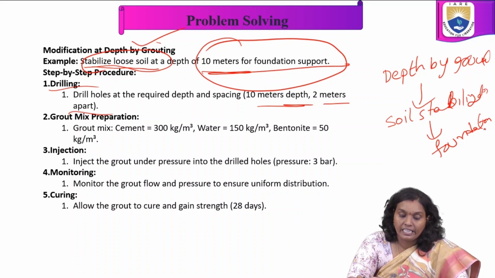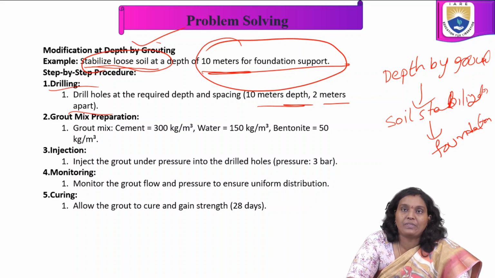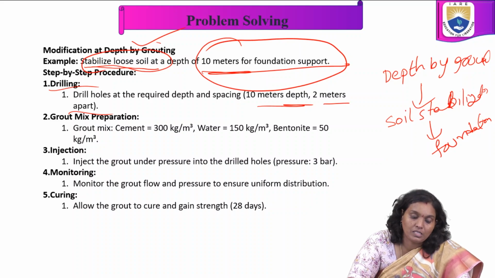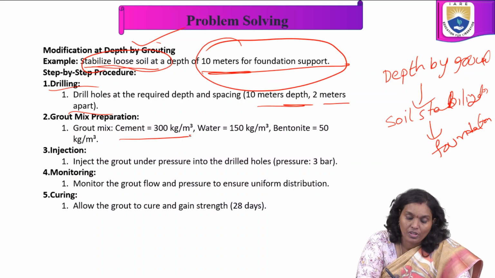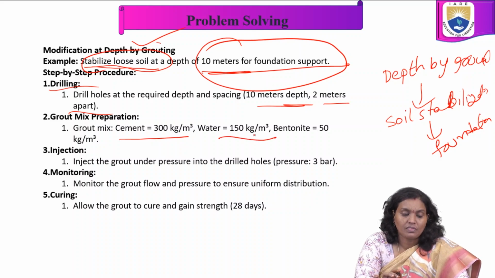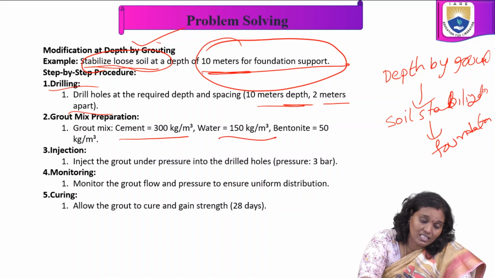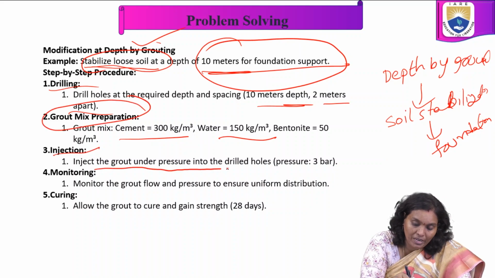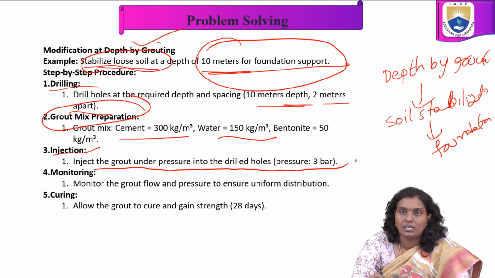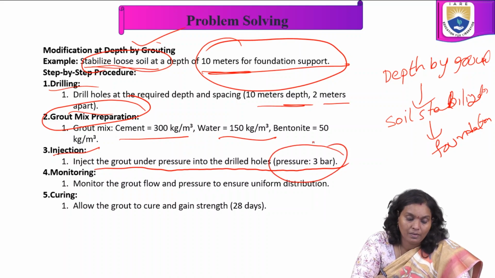So in this, drill holes at the required depth and spacing, 10 meters depth and 2 meters apart. Grout mix proportion: the cement is equal to some kg per meter cube. Water and other things we are going to understand in this grout mix proportion. Inject the grout under pressure into the drilled holes, that is a pressure of 3 bar.